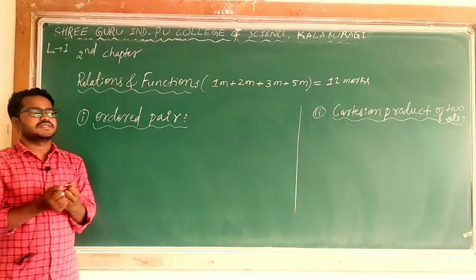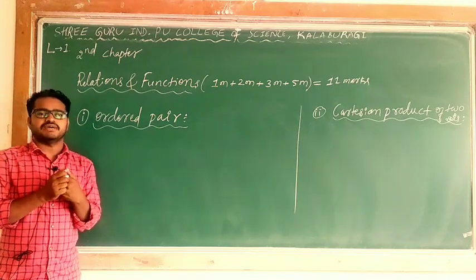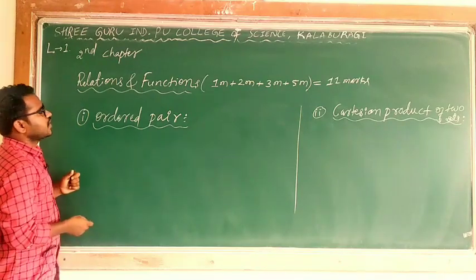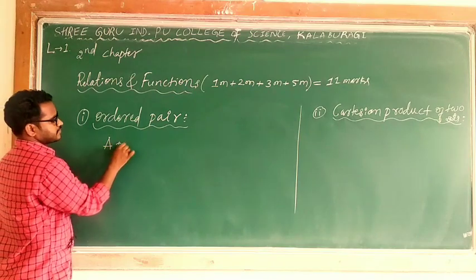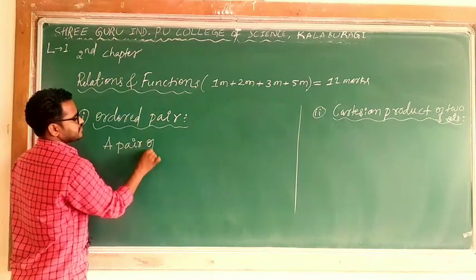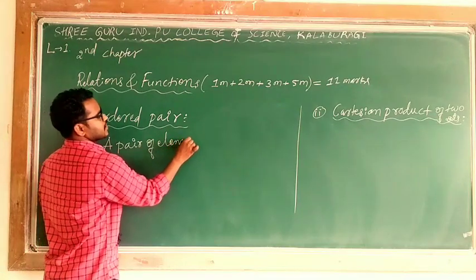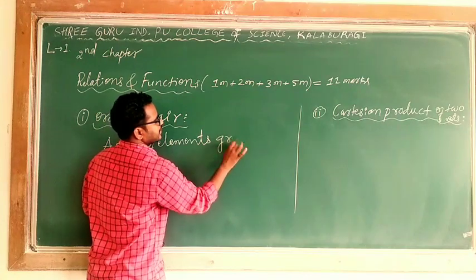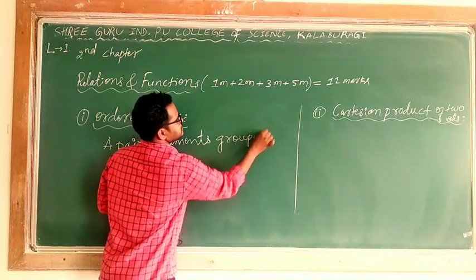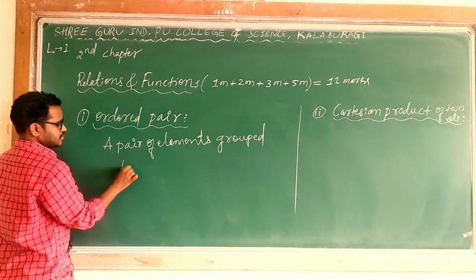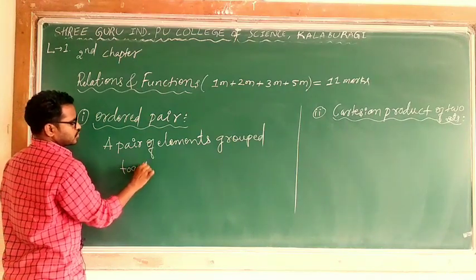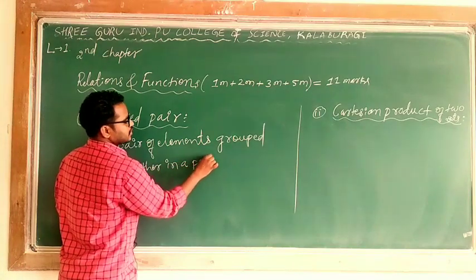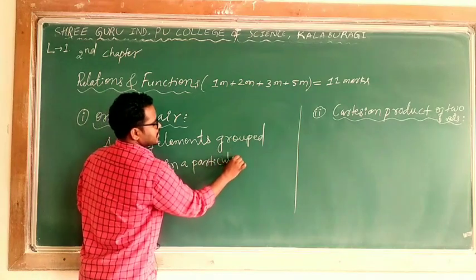Usually we take simple brackets. It may be A, B, or you can take X, Y.